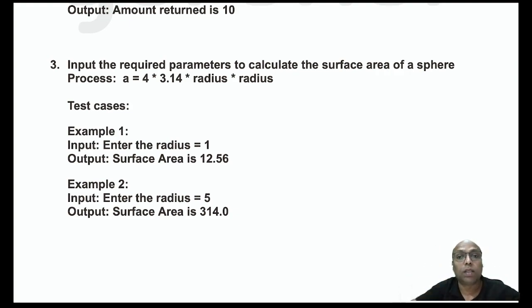The input here is the required parameters to calculate the area. What is required for you? 4 is a constant, 3.14 is a constant. What is required for me? Radius, only radius. Once you take the radius, it can be used twice. What is the process I need to do? This is the process. What is the output? I need the surface area.